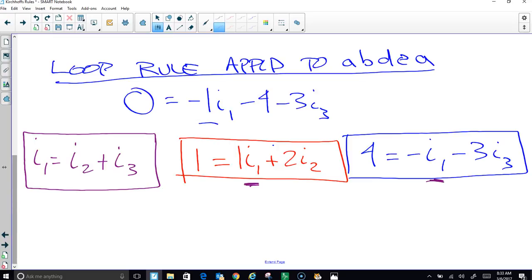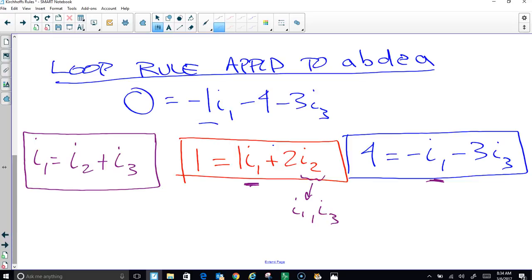So if I could replace this I2 with an expression in terms of I1 and I3, then I would have 2 equations with just I1 and I3 as the variables.